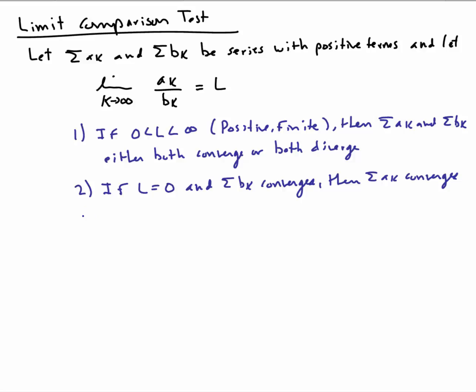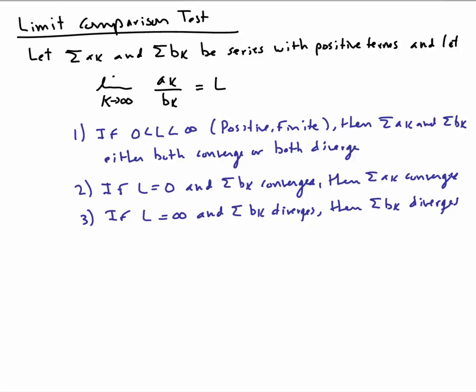Now the only case that we haven't looked at here is what if L isn't finite? What if it's equal to infinity? And then our series b sub k diverges. We'll do diverges here because we have infinity. Then what that's telling me is a sub k diverges as well.